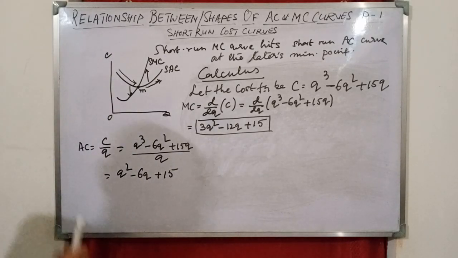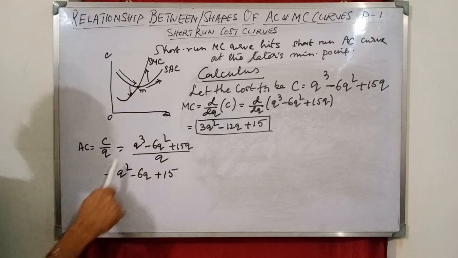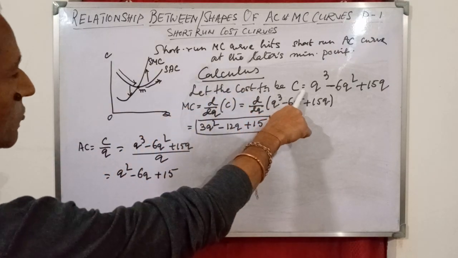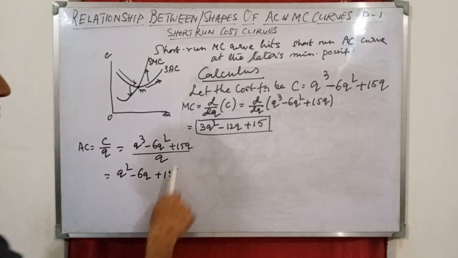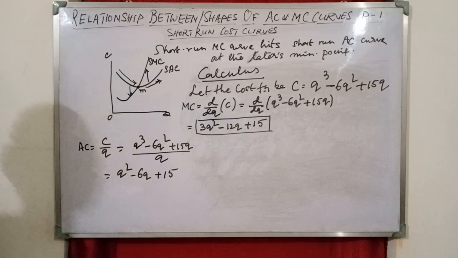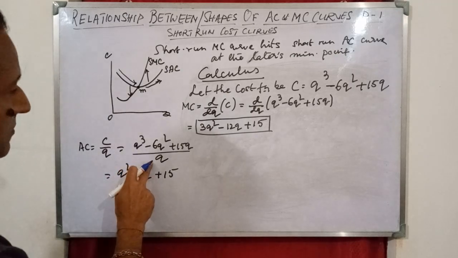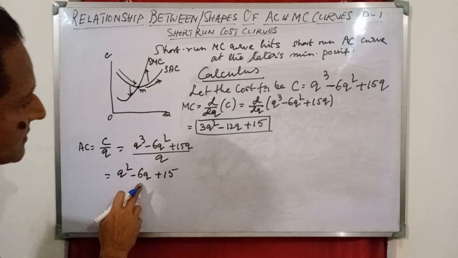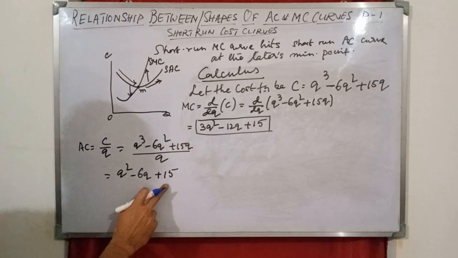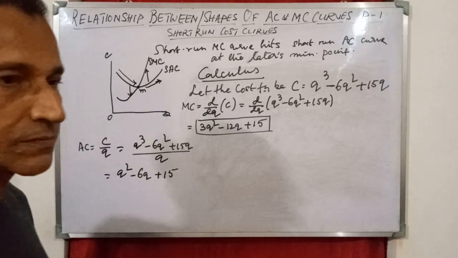So this is the average cost. We have divided the total cost by quantity Q, so we get Q square minus 6Q plus 15. This is the average cost.